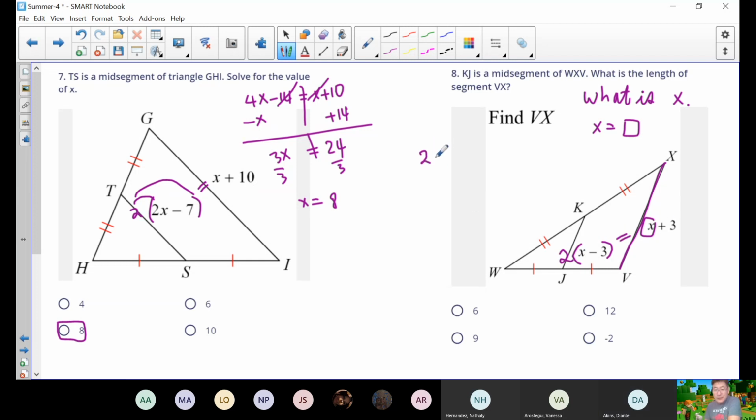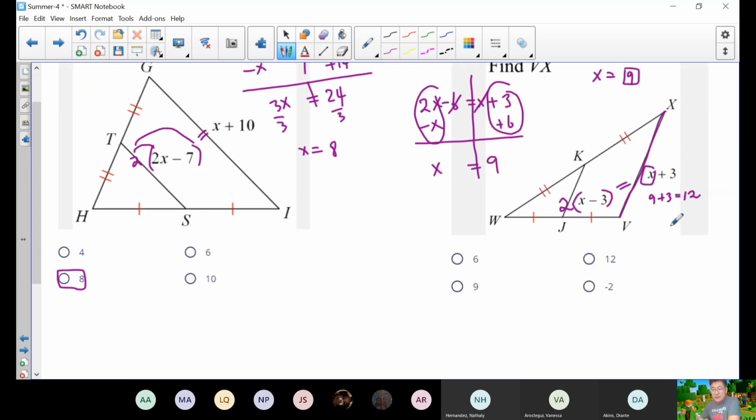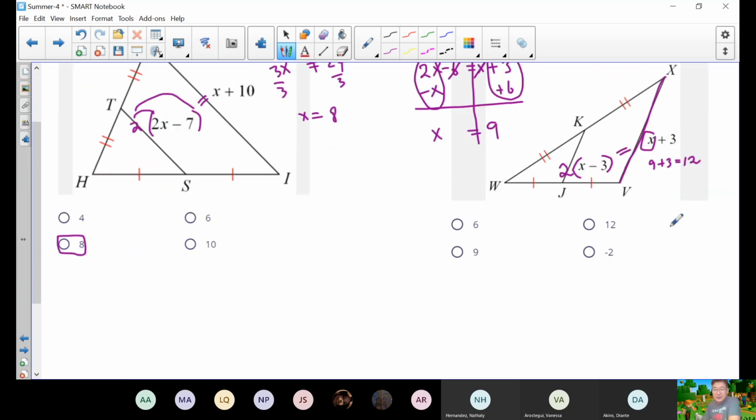So I put 2x minus 6 equals x plus 3. So I cross out negative x, cross out positive 6. So x is 9. Now 9 plus 3 is equal to 12. Let's see, where is 12? The answer is here you go.